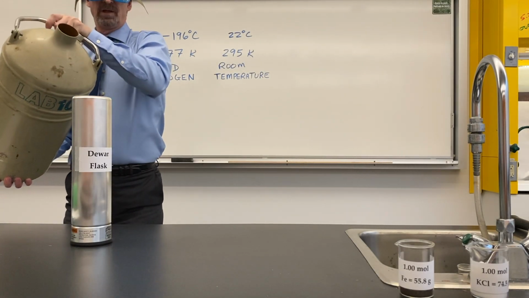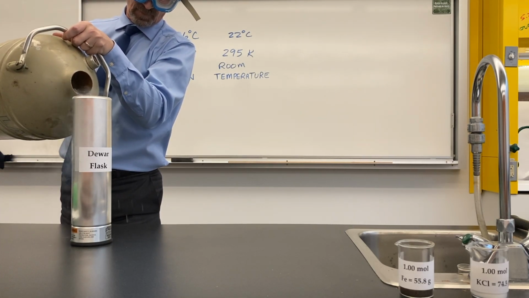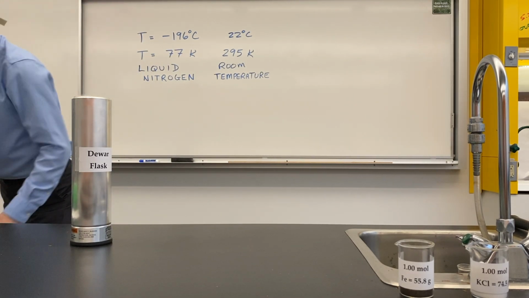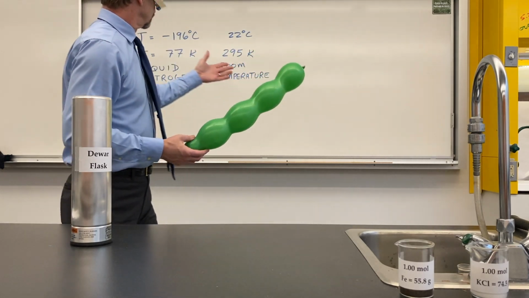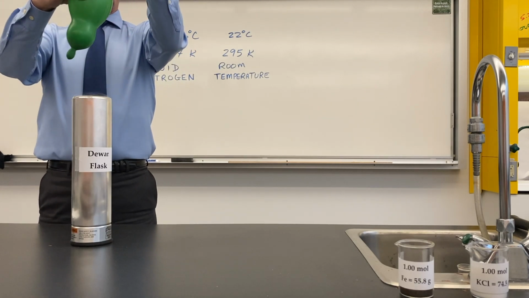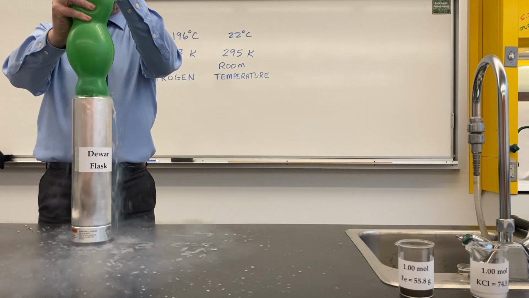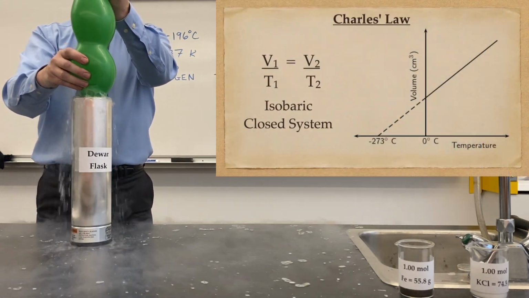Let's refill my liquid nitrogen in my Dewar flask. The air inside this balloon is currently at room temperature at 295 degrees Kelvin. But when I put it into my liquid nitrogen, it cools down very quickly and shrinks according to Charles' law.